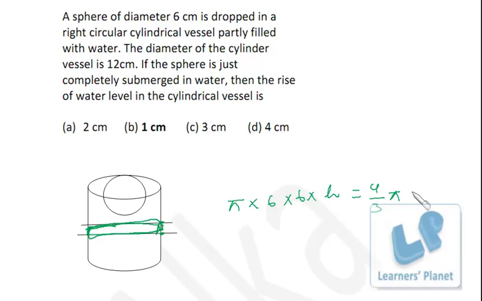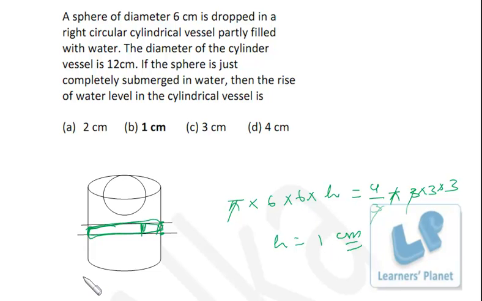R is 3, so it is 3 into 3 into 3. So we can calculate the height or the rise of water level. Okay, so pi and pi cancel, 3 and 3 cancel. So h is equal to 36 by 36, 1 centimeter.